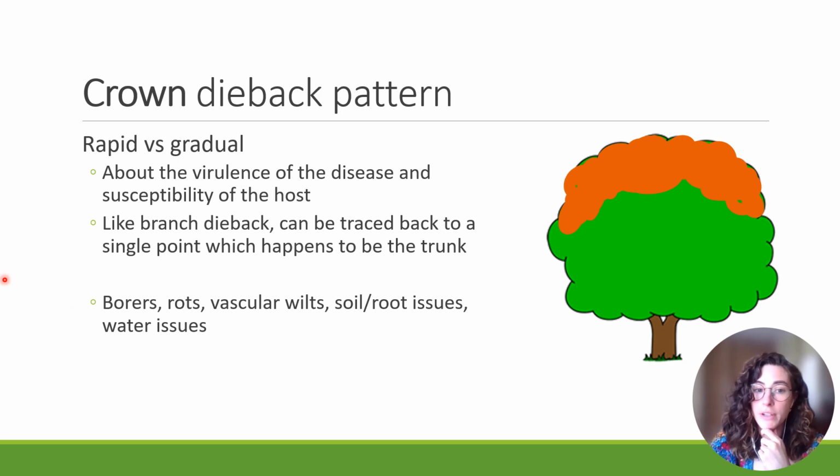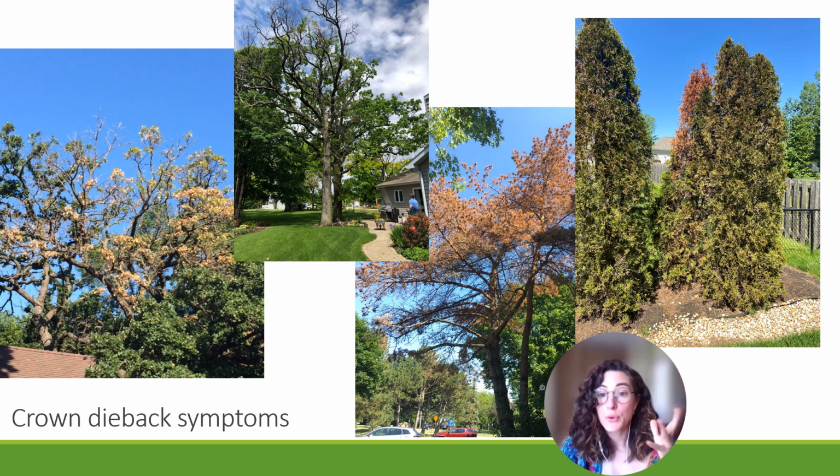And like I've mentioned previously, here are some of the issues that can cause crown dieback pattern. So we have our symptoms. Again, I just want to show you, you notice it's very top down, very tip back, because really, like branch issues, the problem is a vascular disruption, a disruption of water from point A to point B, but the point is just lower. Again, trunk or root system.